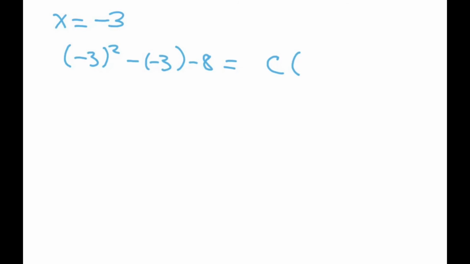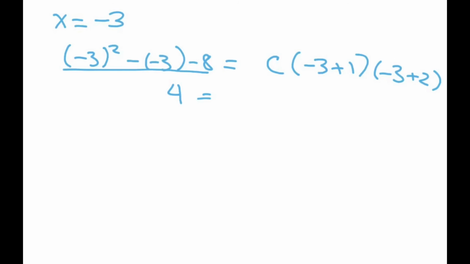We have c times negative 3 plus 1 times negative 3 plus 2. So when you add all that up, you get 4. This is negative 2. This is negative 1. So negative 2 times negative 1 is 2. And c. So c is 2.